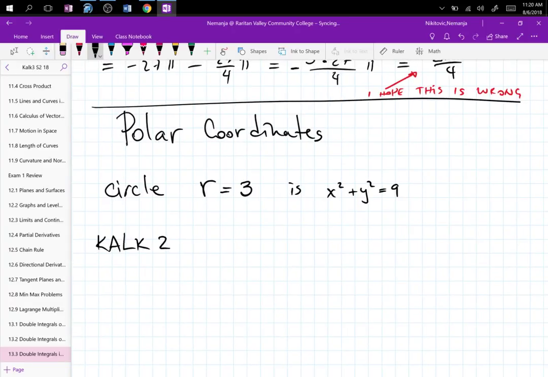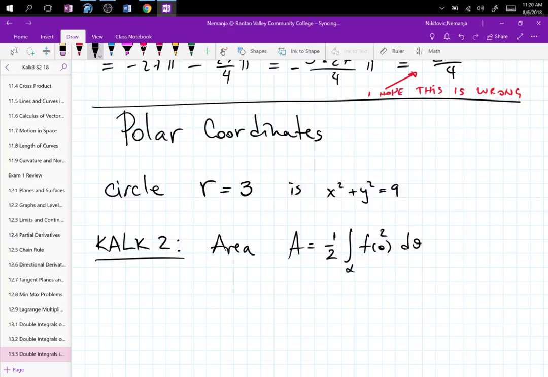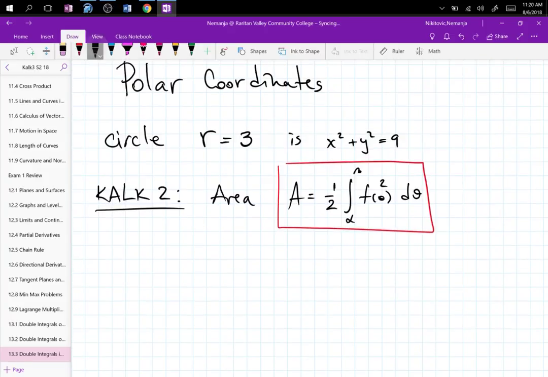There we go. Now I have all the letters in. So Calc 2, area was given as 1/2 the integral of f of theta squared d theta from alpha to beta. So this was the formula to calculate area inside the polar curve.